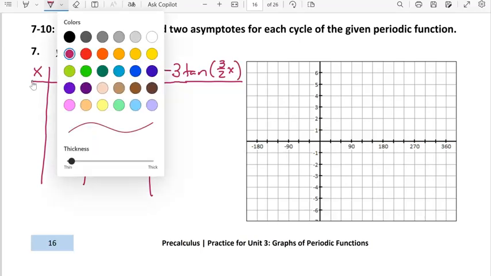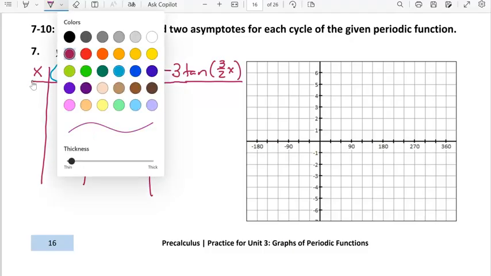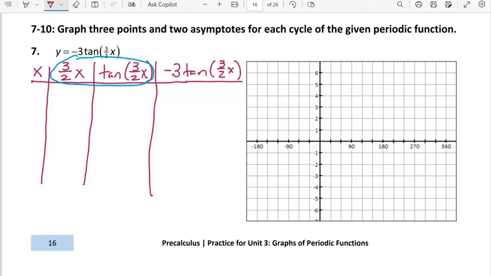It's important to know where the parent function points are. Those are the inputs and outputs for the tangent function. So the angles are 3/2 x, and their tangents are tangents of 3/2 x. So here's where I'm going to put my angles. But remember, for the tangent function, if we want to divide the cycle into 4 parts, we must divide the cycle of 180 by 4, which gives us 45 degrees.